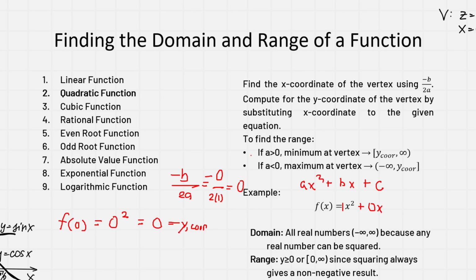And then let's analyze the vertex, if the y coordinate is a minimum or maximum. So again, going back here in the condition, since a is 1, therefore it satisfies this first condition. 1 is greater than 0, so therefore the y coordinate is the minimum at the vertex.